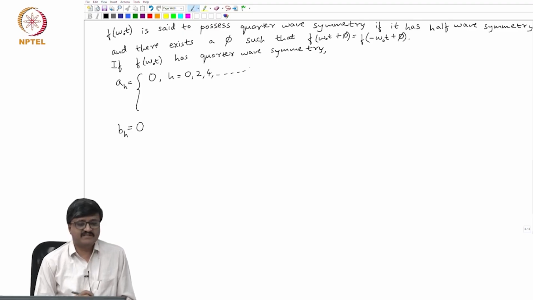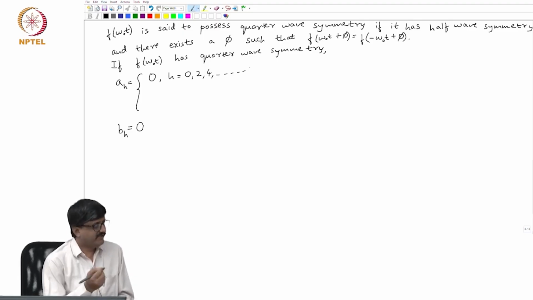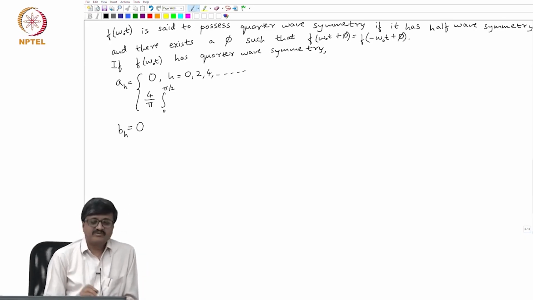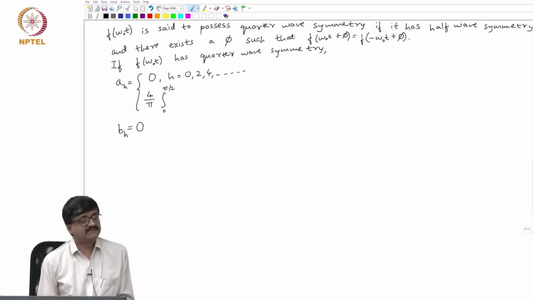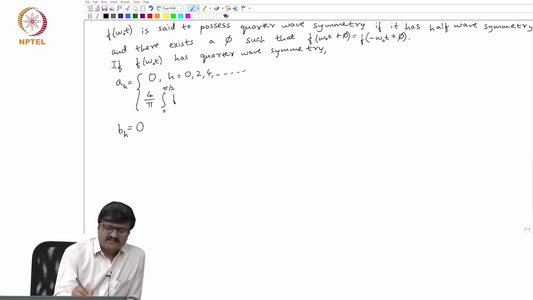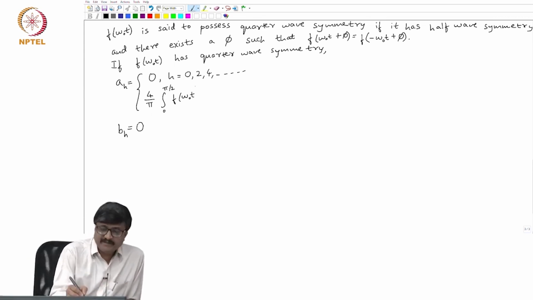The simplification is that I have to integrate over only a quarter cycle. So, it is 4 by pi, integral 0 to pi by 2, of f of omega o t plus phi.